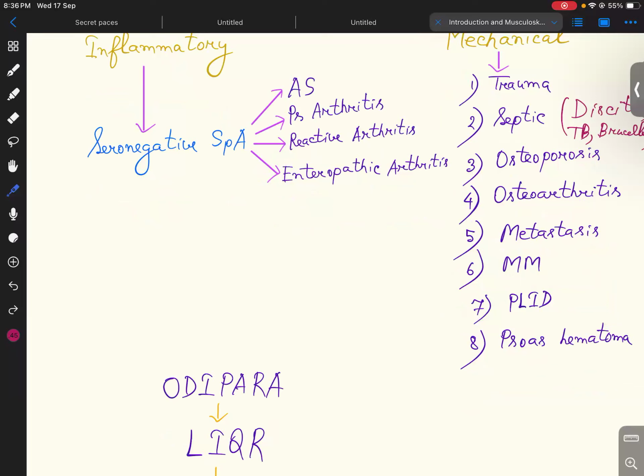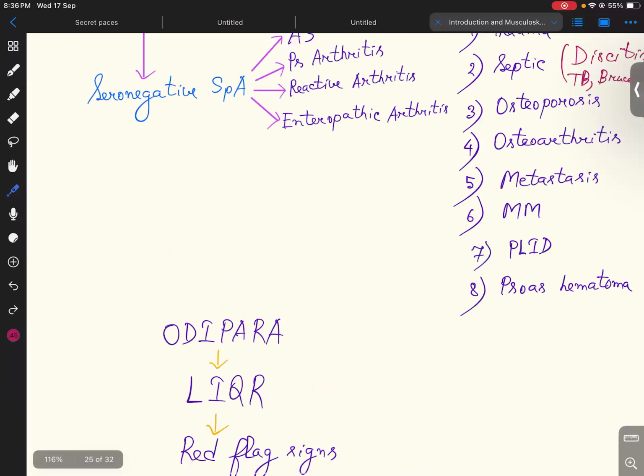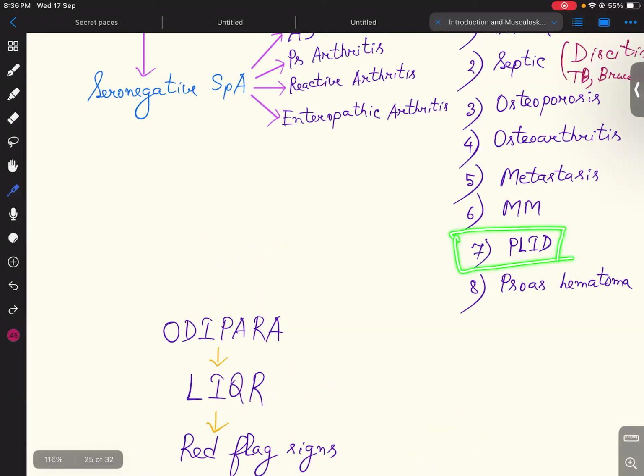Prolapse of lumbar intervertebral disc. Whenever asking the negative symptoms, I will discuss what the red flag signs are. When asking about red flag signs, like does the pain go anywhere, like the lower limb, that is a sign of radiculopathy. That indicates PLID. Actually, a direct PLID case does not come, but it will come as a differential diagnosis.